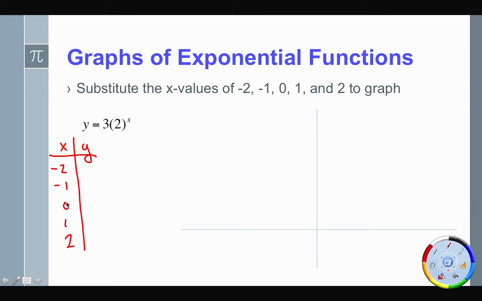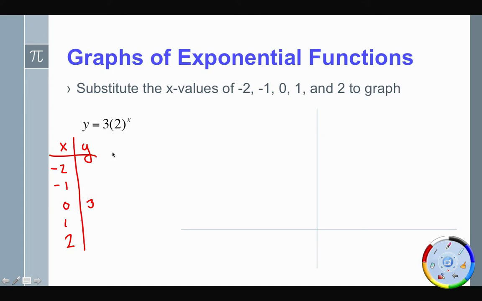Now, we should recall from the last video that we know what the y-intercept is when x is 0. That's our initial condition, but we can verify: 3 times 2 to the power of 0. 2 to the power of 0 is 1, times 3 is 3. Actually, let's look at the positive values first.